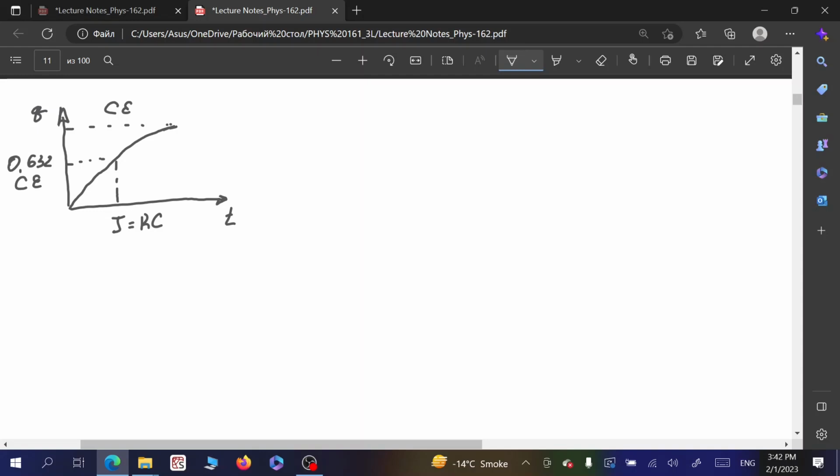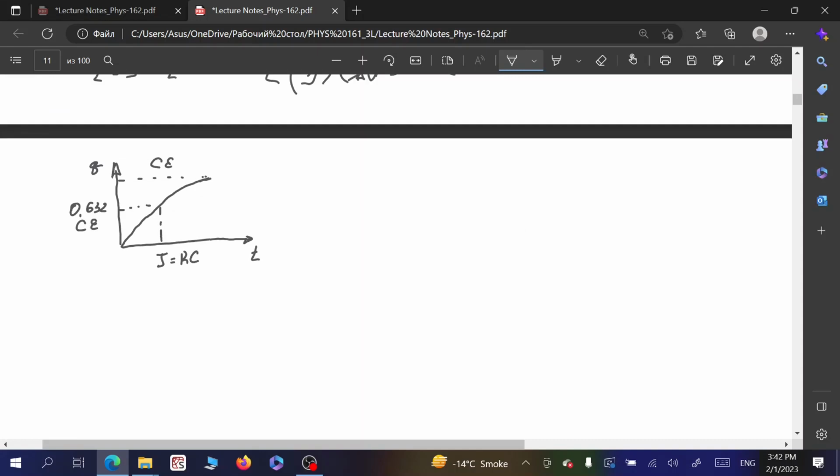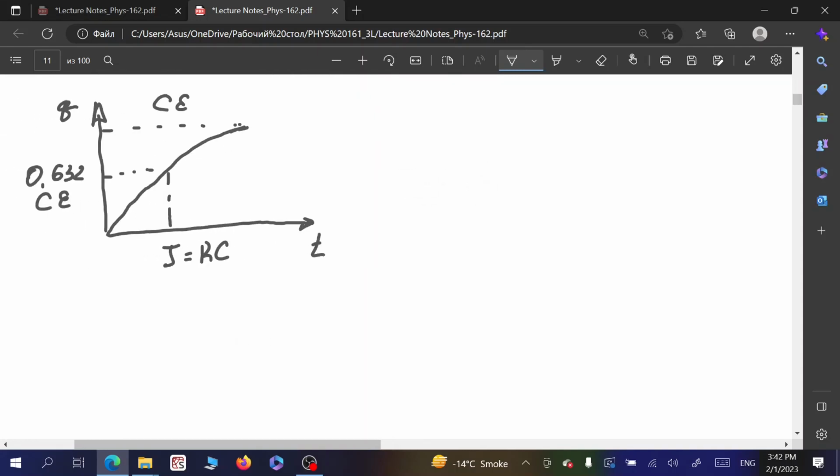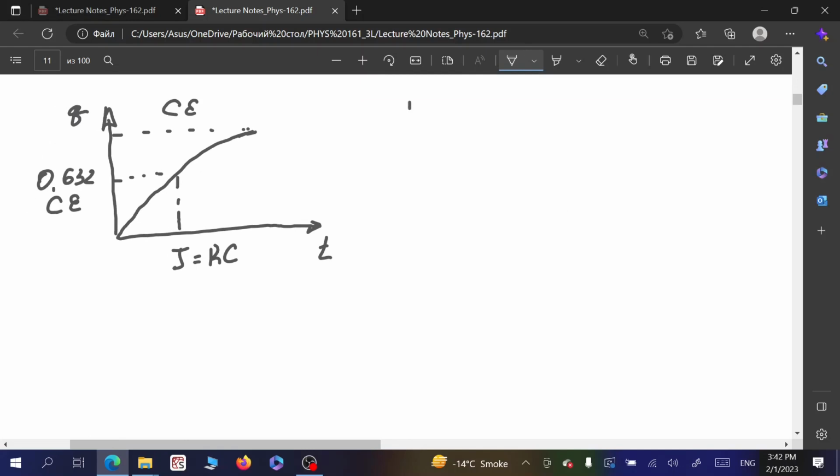So this is about charge. And if we consider electric current, here, I as a function of time, we will start from some maximum current, which is epsilon over R. That will be our exponential decay of electric current, which eventually approaches zero.